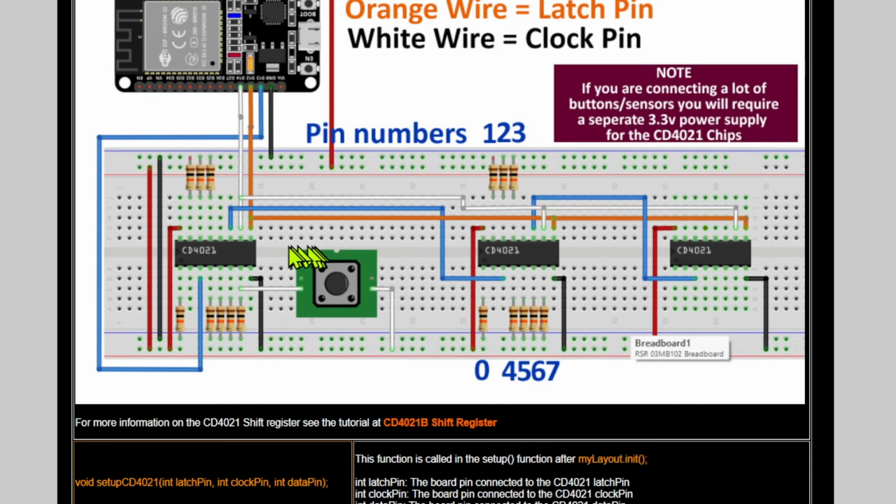So if you're going to use a lot of these with a lot of buttons or a lot of sensors, then you are going to need a separate 3.3 volt power supply. So you would put the 3.3 volt in here, remove the 3.3 volt from the ESP32, and obviously make sure all the grounds are connected.